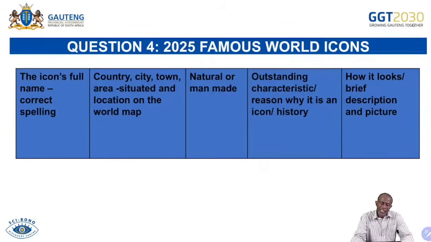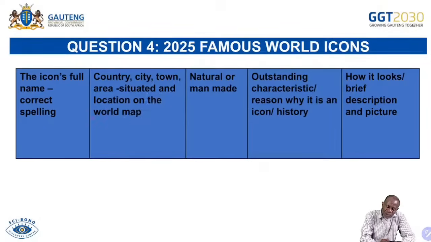Grade 12 learners, matric candidates, the icon's full name is an aspect that you must know: the country, the city, the town, or the area that the icon is situated, and the location on the world map.